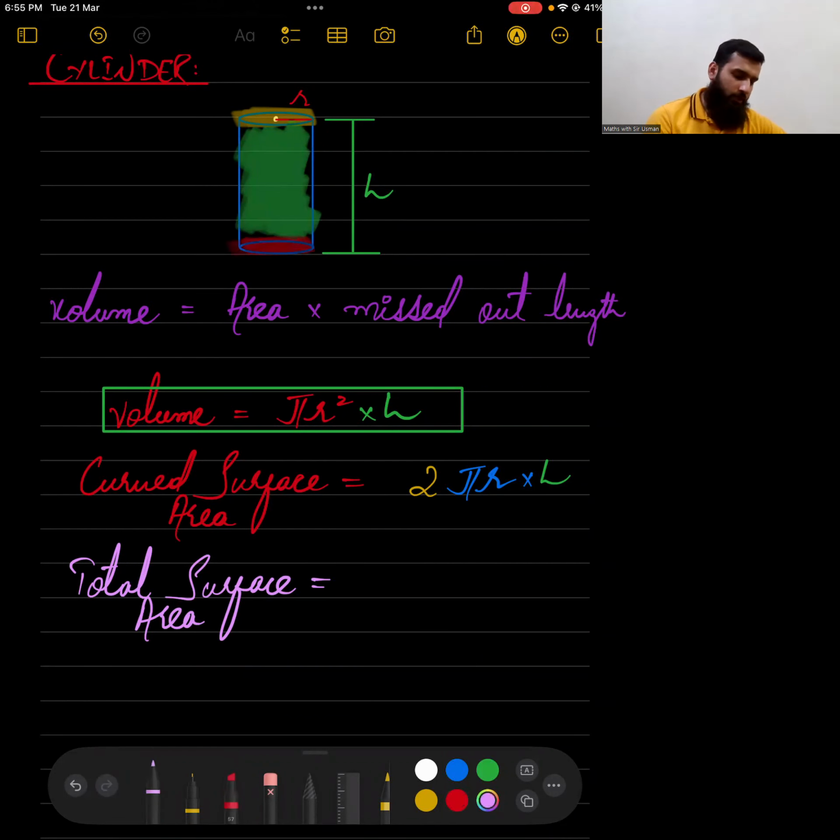So it is going to be a circle at the top, which is pi r square, plus the curved surface area, which is 2 pi r h. We just figured it out over here. And then we have an area at the bottom as well, which is pi r square again.